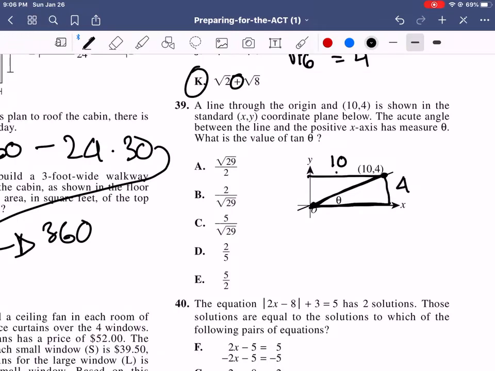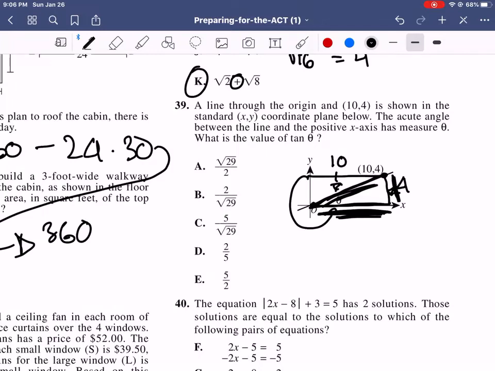So this length is 10, this length is 4. That's a good thing because this is the hypotenuse, this is opposite, and this is adjacent.